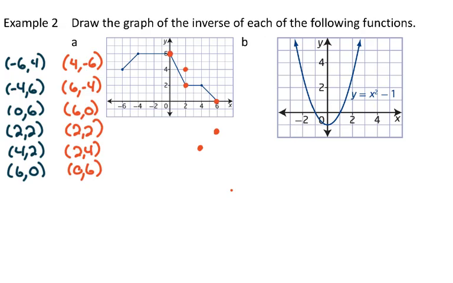And 0, 6. Now, I went with the original graph. I took those points from left to right. It won't necessarily be like that on the inverse, but I'm just going to connect those points in the same order that I graphed them. We're not going to go across anything.